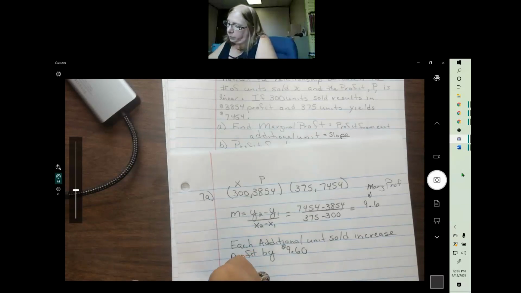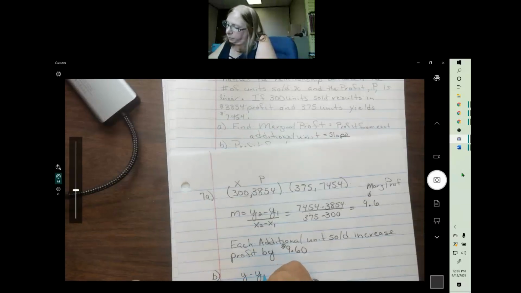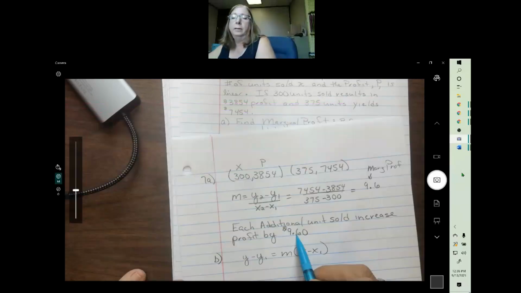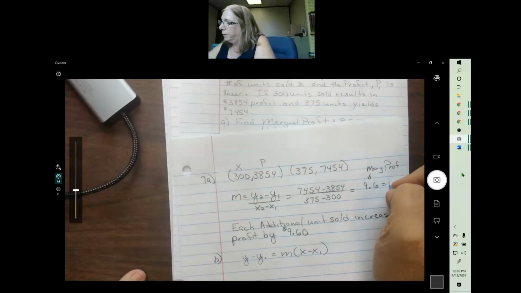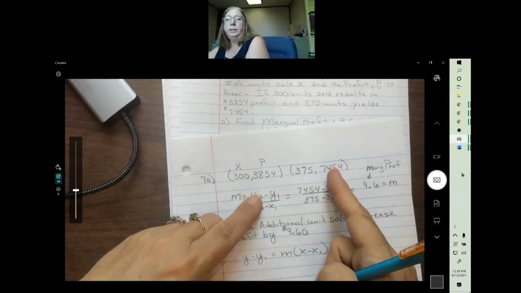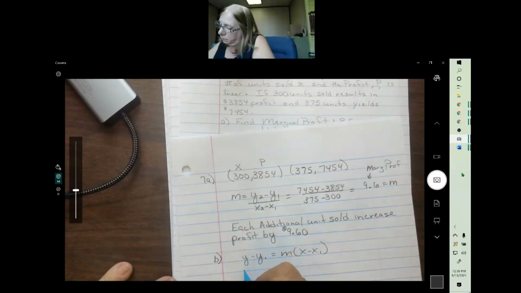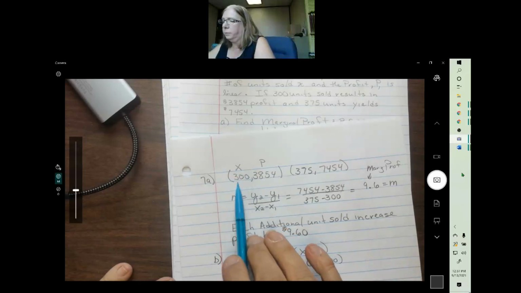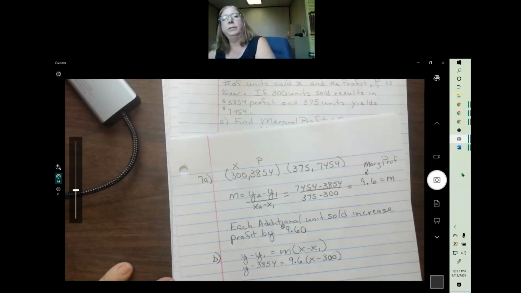To find part B, the equation, the profit function, y minus y1 equals m times x minus x1. This is m. Marginal profit is the same as slope. Use either one of the 2 points. I use this one because 300 has zeros, easier to work with.